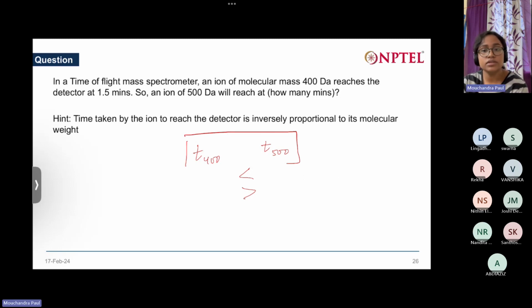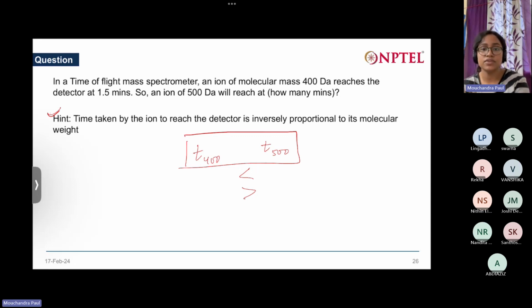Understood the question? You're using a time of flight mass spectrometer. The principle of time of flight relies on this hint. The larger the ion is, the more time it will take to reach the detector. If the ion is small, it will take less time.